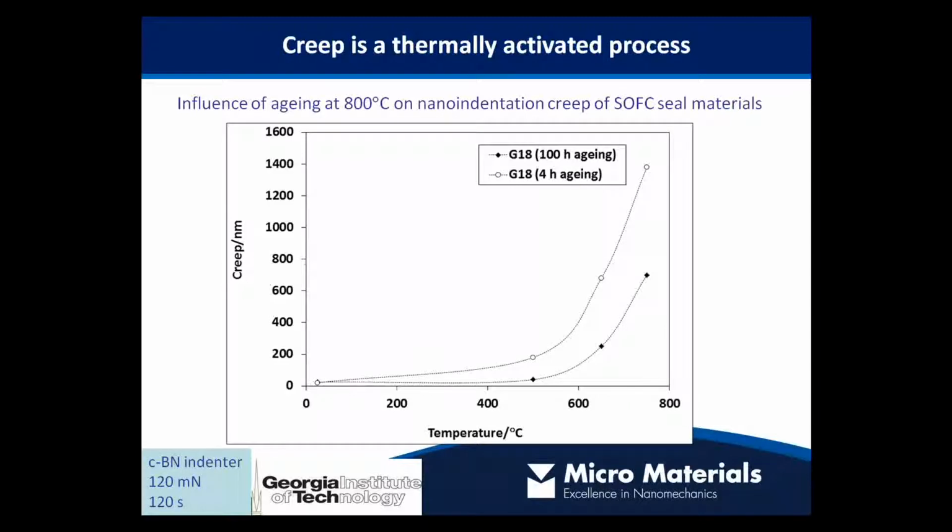So we've loaded up, we've held that maximum load for a period of time, I think it was 180 seconds in this piece of work, and then we've looked at the difference in depth. So that 100-hour aging process has actually had an effect that means that we get half the amount of creep taking place than we would with the 4-hour aging process. That work was done in conjunction with Georgia Tech.